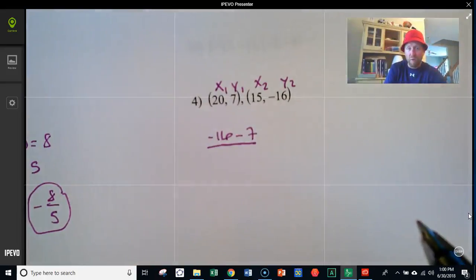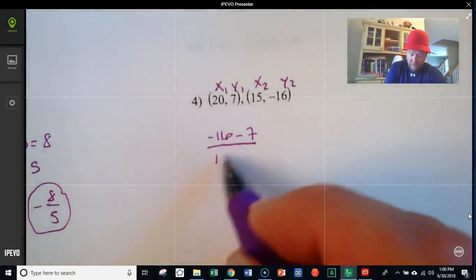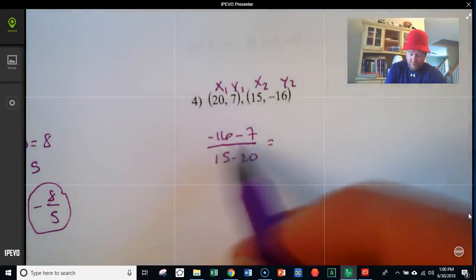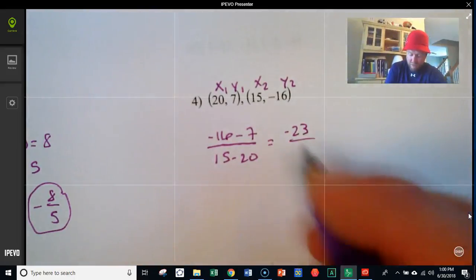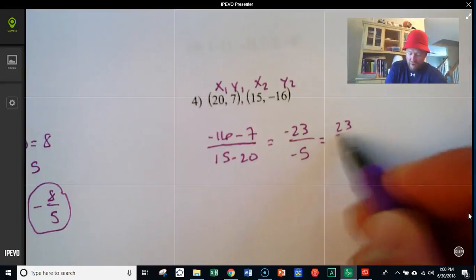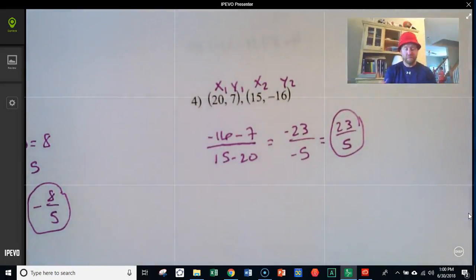Those are my two y coordinates up top, and down below I'm going to put 15 minus 20. Those are my two x coordinates. So negative 16 minus 7 is negative 23. 15 minus 20 is negative 5. The two negatives cancel each other out, and we get 23 over 5.